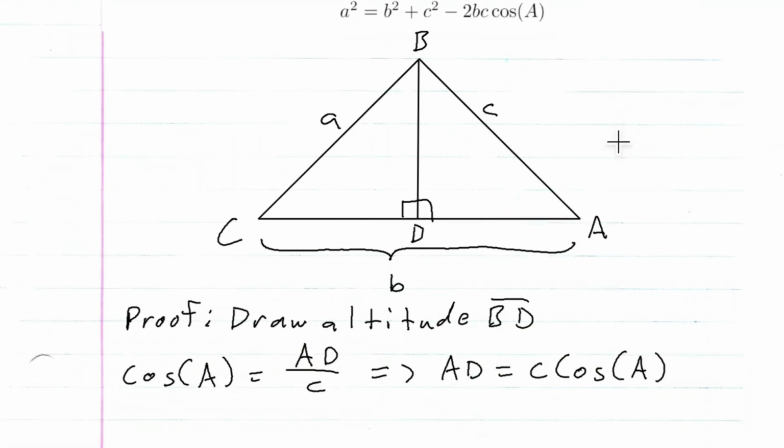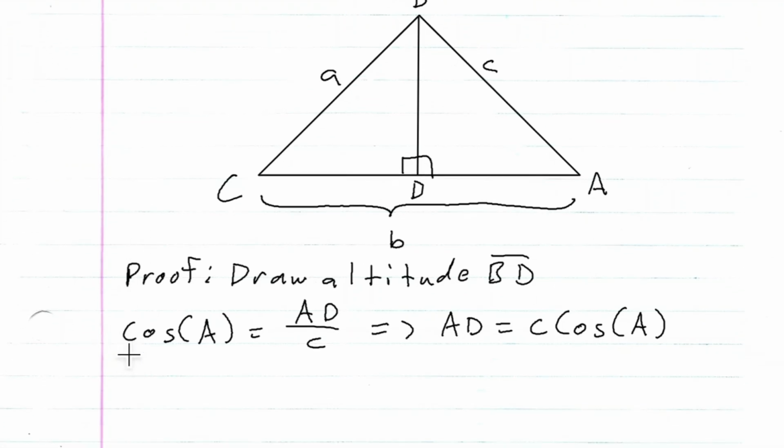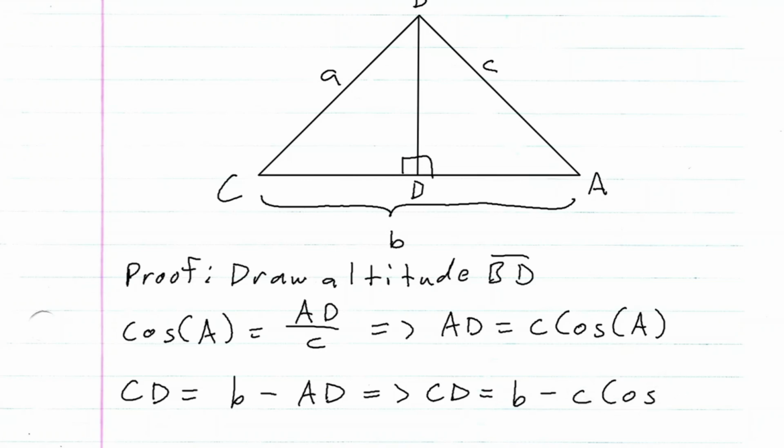As you can see, I have AD, which is not CD, but I can easily get CD from knowing AD, right? So CD is equal to this entire length b minus AD, and I figured out what AD was before, so CD is just equal to b minus c cosine of A.